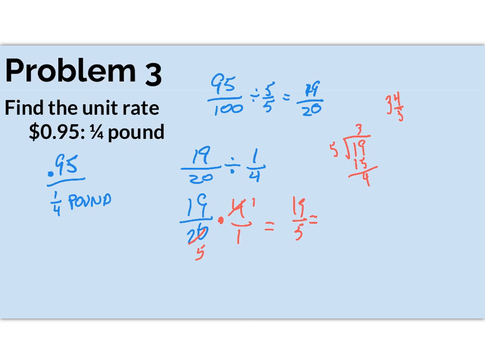So our unit rate is 3 and 4/5 dollars per 1 pound.